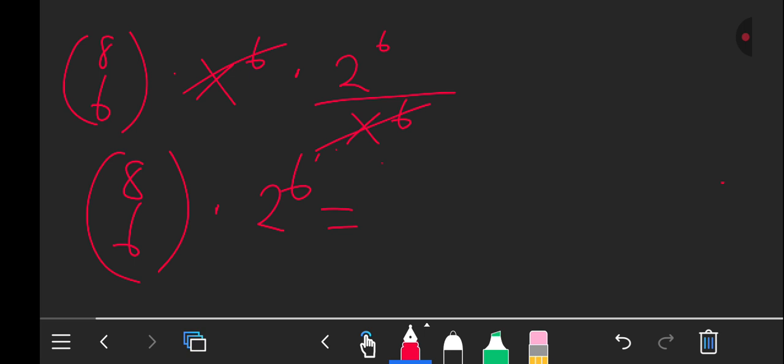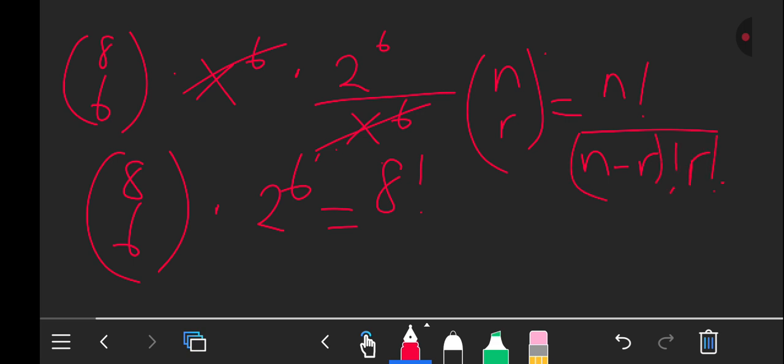So that will give 8 combination 6. For combination, we use the formula: when you have n combination r, this is simply n factorial over n minus r factorial, then multiplied by r factorial. So this is what I'm going to use here.